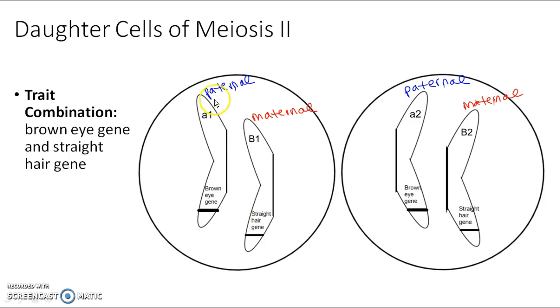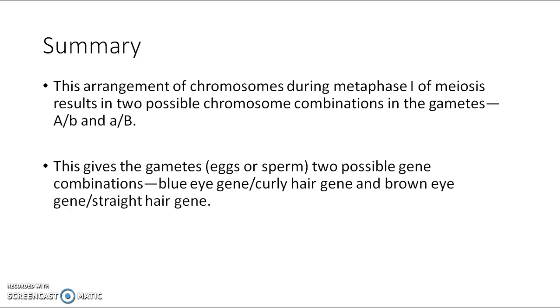In our other 2 daughter cells, we have the paternal little a chromosome with the brown eye gene and the maternal big B chromosome with the straight hair gene. So we end up with 2 possible chromosome combinations, maternal big A and paternal little b, or maternal little a and paternal big B. That gives us the possible gene combinations of blue eyes and curly hair or brown eyes and straight hair.